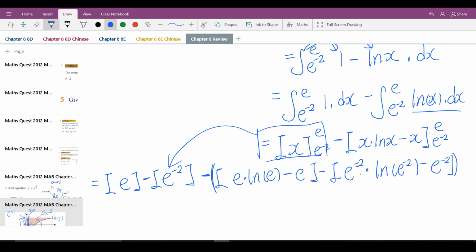Now we can expand the first couple of brackets. So this is e minus e to the negative 2, minus, put a big bracket around here. Now, e times ln e. Ln e is 1. So that is just e minus e in there, which is gone.